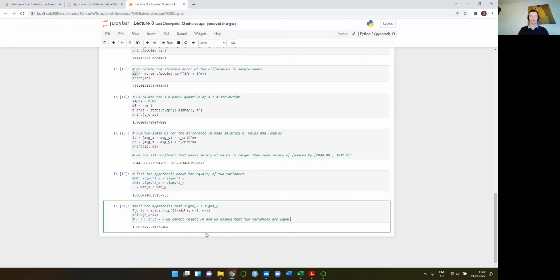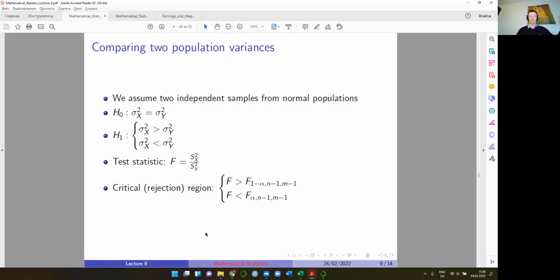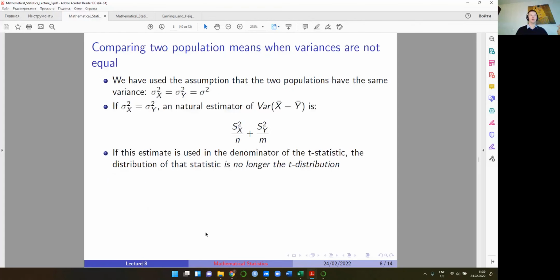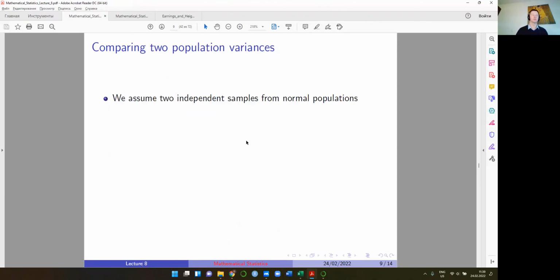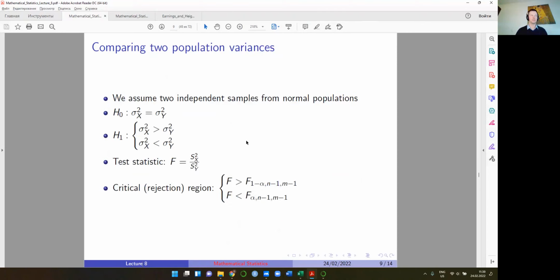Therefore, all the previous calculation was correct. If we reject this null hypothesis, then we need to calculate the standard error in this way and the degrees of freedom in this way. And you will do this in the exercise session as an exercise: what to do if the variances are not equal and how to deal with that.